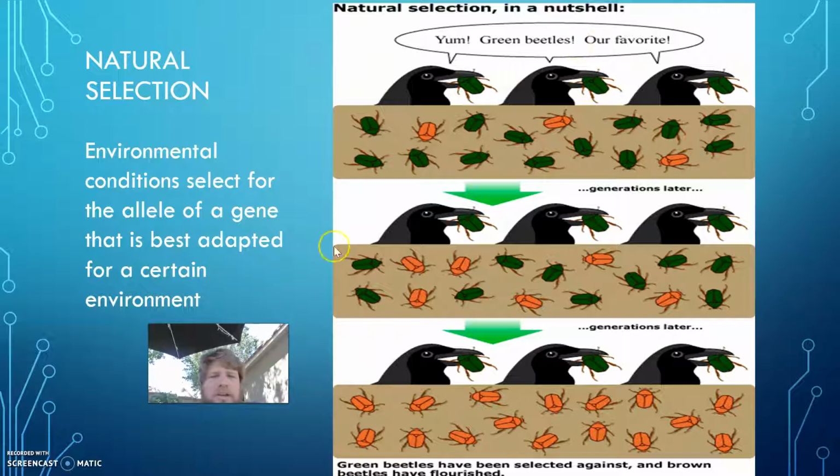So with this crow example, the color of the ground and the hunting habits of the crow are selecting for an allele that makes an orange trait. And so that allele frequency increases in the population while the green allele frequency decreases in the population over generations. This isn't happening overnight. This is happening in a population over time.